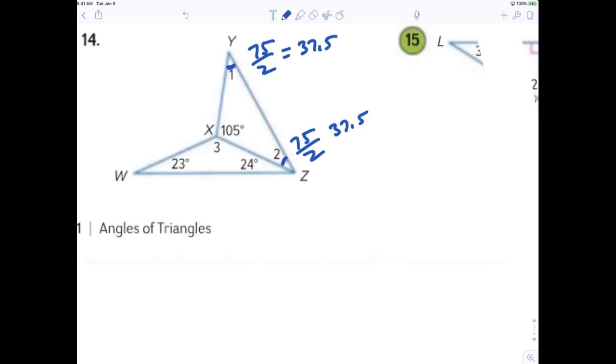Come on, visualize. Remember what I told you. Here's what I'm trying to show you. Come on, we can do this. 180 minus 47. So we're going to do 180 minus 40. What's 180 minus 40? Minus 7. Thank you. That's it.